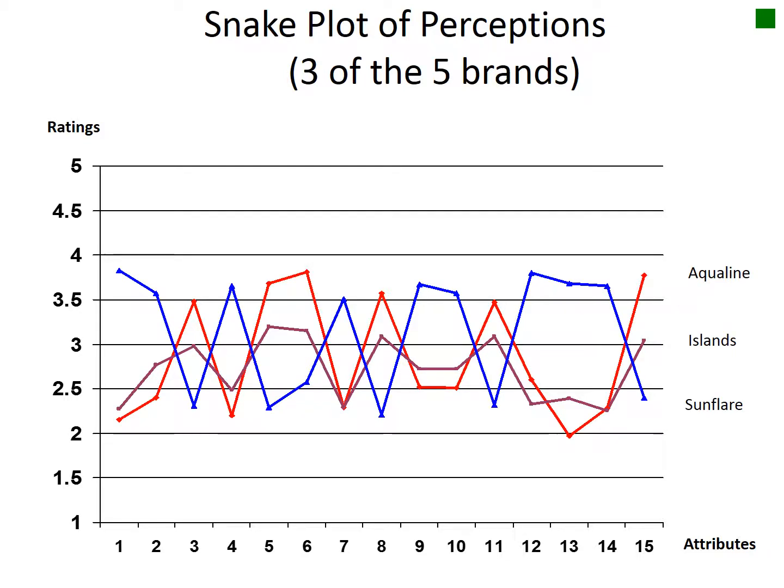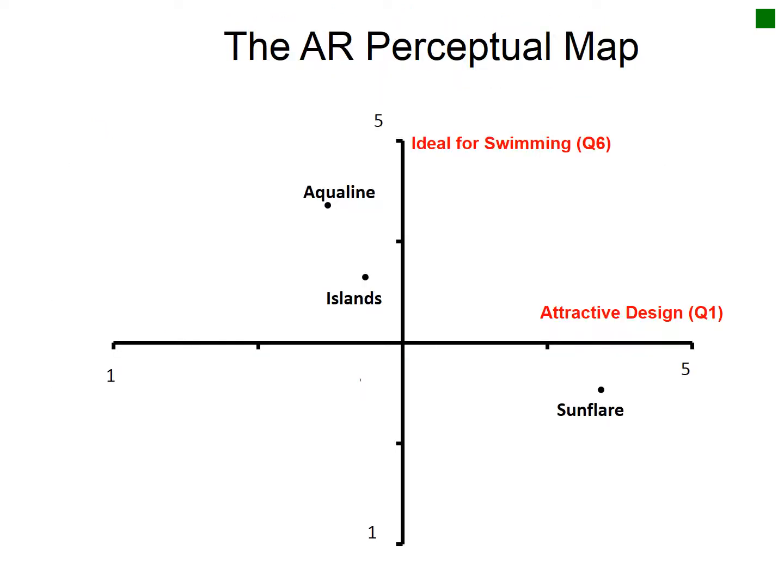Now remember, this is an attribute ratings perceptual map. The data that we get is directly from the consumer, and it's focused on the attributes that we've measured from the survey itself. So if we took 2 of the questions, again there are 15 questions, and we started to plot them and look at where they might be on a perceptual map by brand, I've chosen ideal for swimming, which was question number 6, and attractive design, which is question number 1.